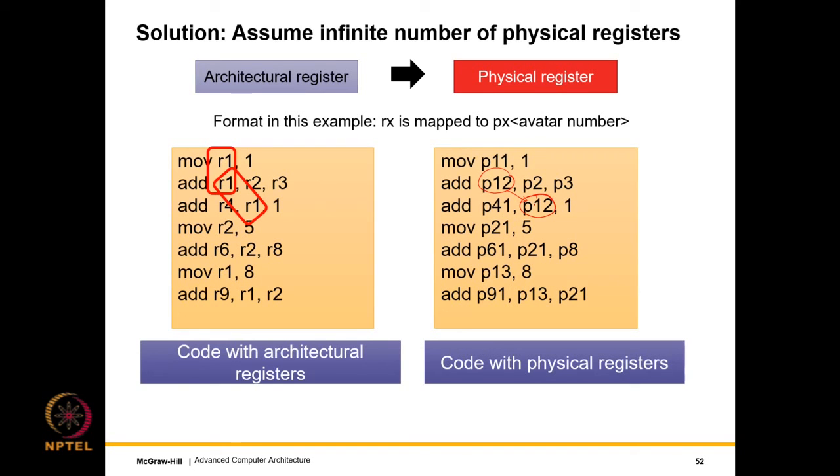They are mapped to registers of the same avatar. Again, another read after write is clearly visible, and another, but nothing else is visible. So there are no other dependencies. We did draw your attention to a write after write problem, but as you can see, it's not over here.